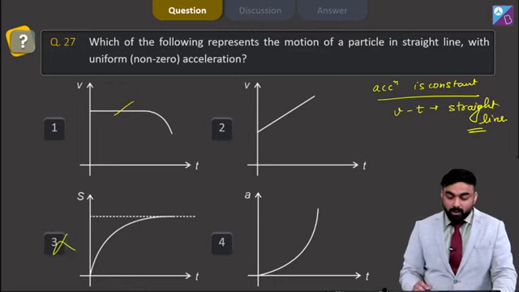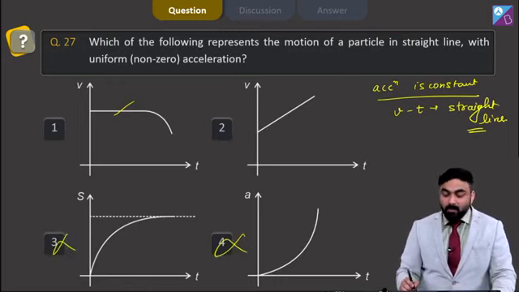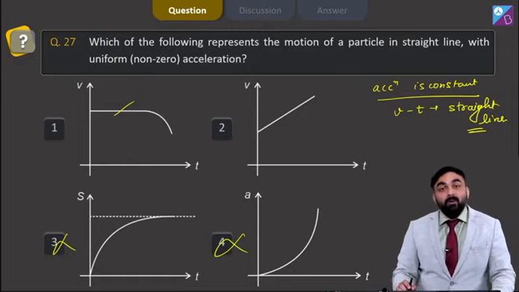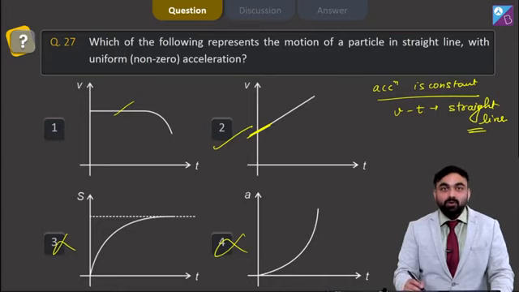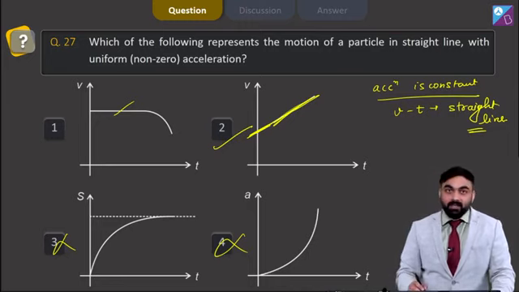This is also not represented. This is also a parabolic curve, so it does not represent a uniform acceleration with non-zero value. Uniform acceleration with non-zero value is only represented by graph 2, where initially we have some velocity, and then velocity varies linearly with time, which represents a constant acceleration.